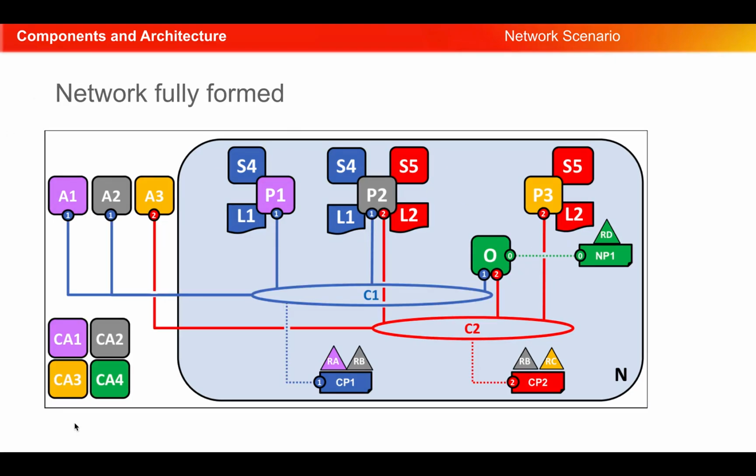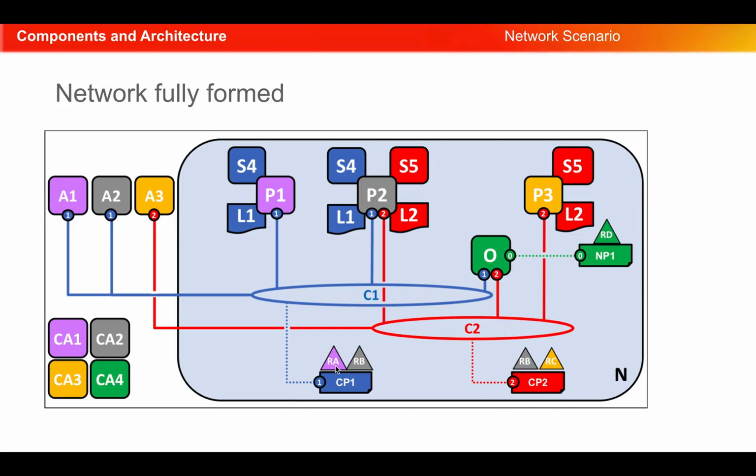Now, this is a fully formed network which combines both the channel creations and everything else that we have talked about in the previous slides. I'll summarize anyway. So as you can see here, you have two consortiums.